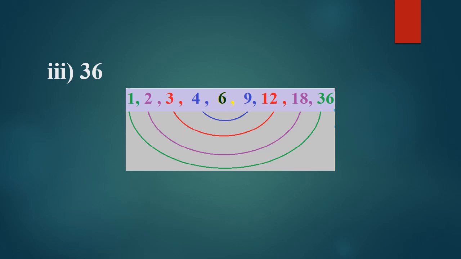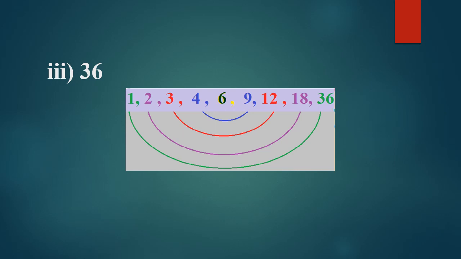2 eighteens are 36 and 18 twos are 36. This is another pair of factors of number 36. 3 twelves are 36 and we know that 12 threes are 36. 4 nines are 36 and 9 fours are 36 as well. 6 sixes are 36.